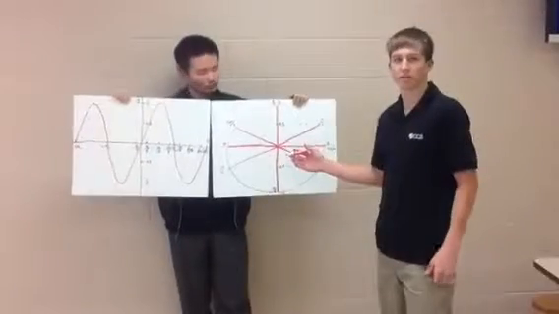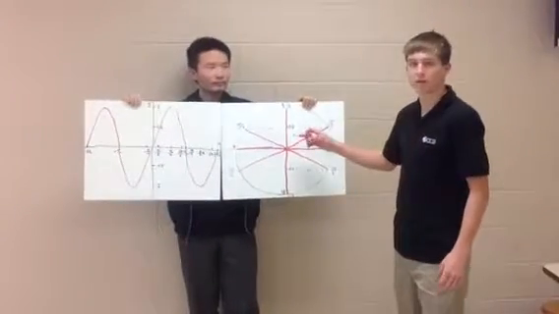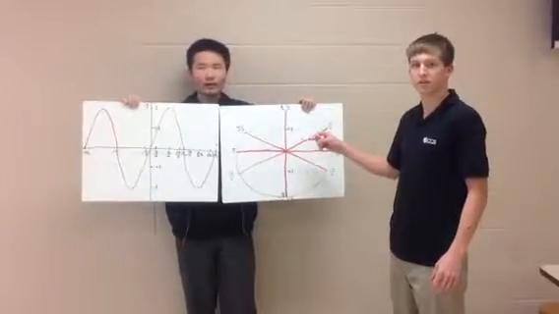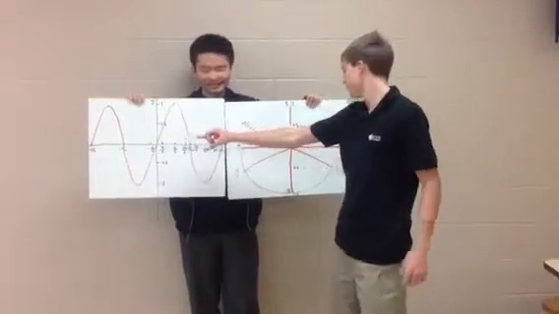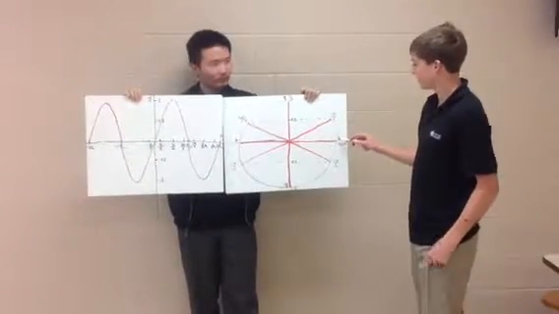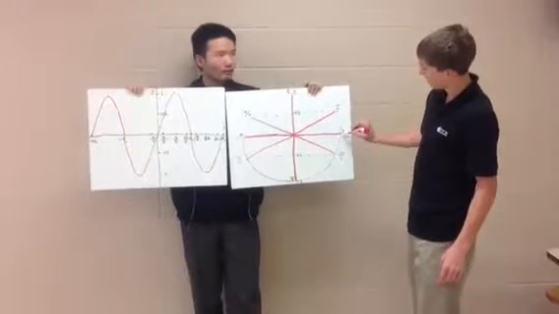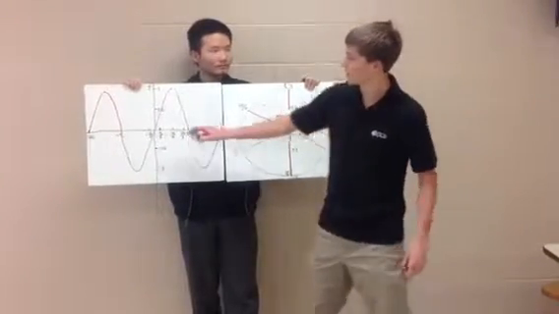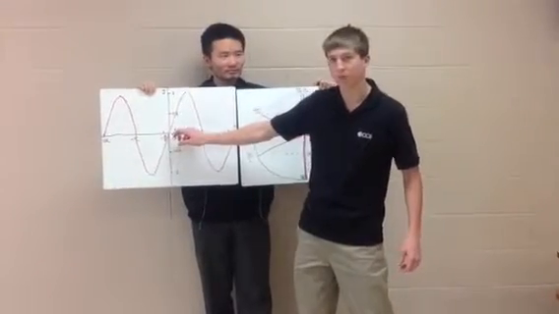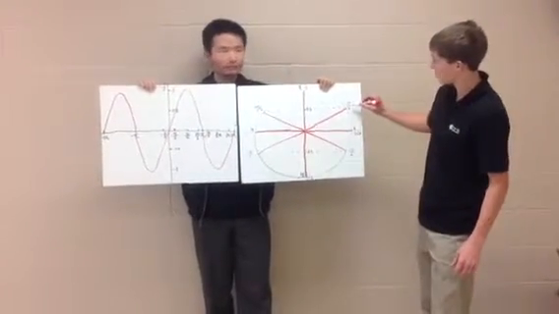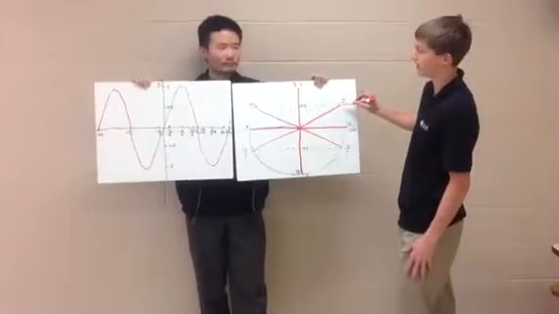This is how to make a sine graph. We use the unit circle and the angle on the unit circle to make the sine graph. If we start at 0 degrees or 0 radians, we can see that sine is 0 as well. So we'll start at 0, 0. Then the next angle, pi over 6, which is equal to 30 degrees.